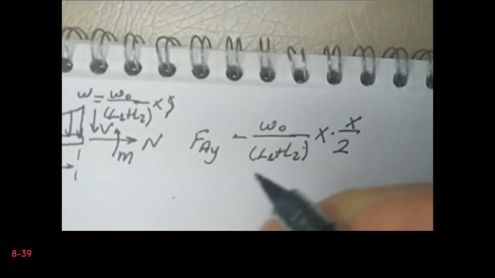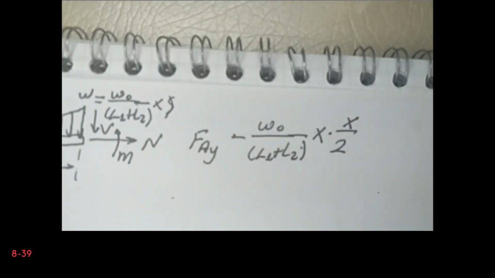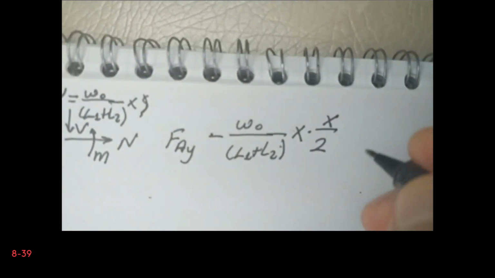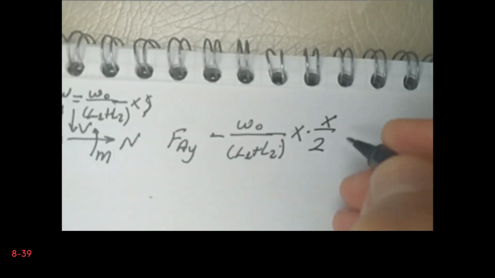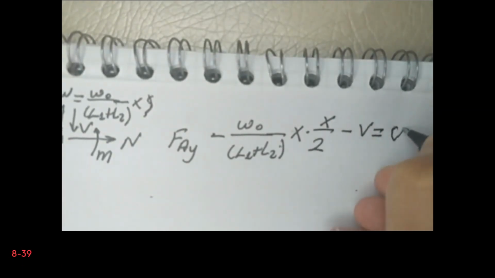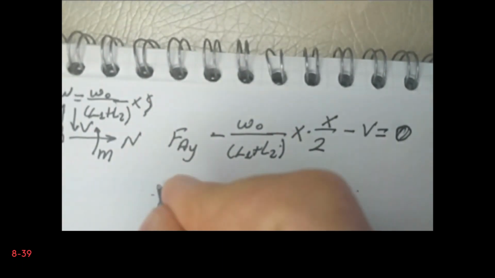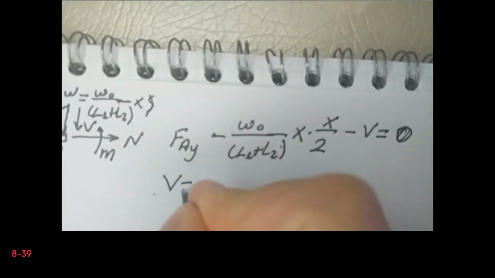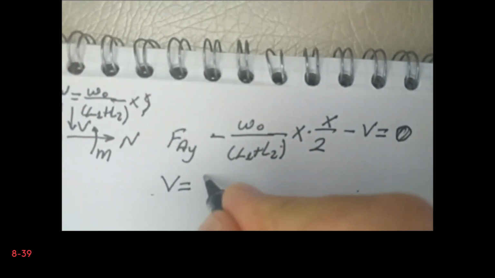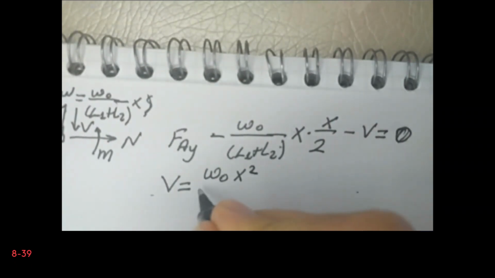And then we have minus V. So from here we can calculate the V. V is equal to W0 x squared divided by 2 (L1 plus L2) minus Fay.